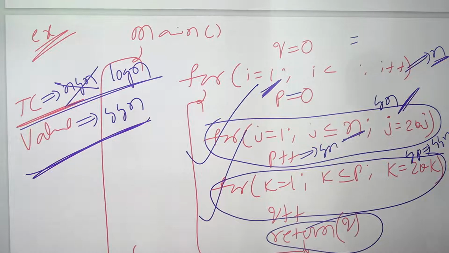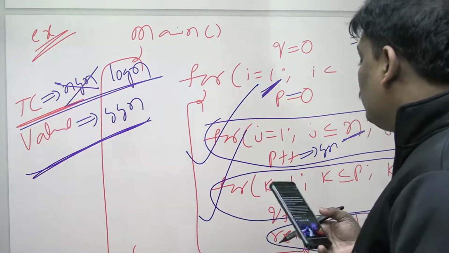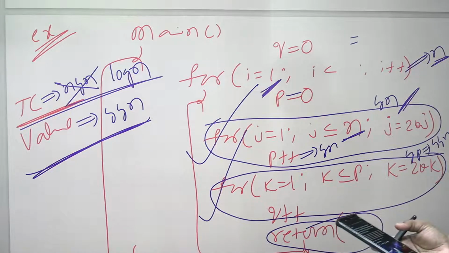So can you help me, Shiv Prasad? What is the answer of this problem? What is the time complexity and value if return is not there? Can you try this also?